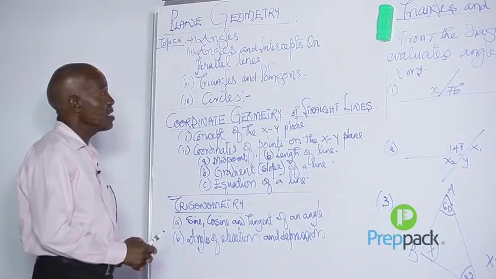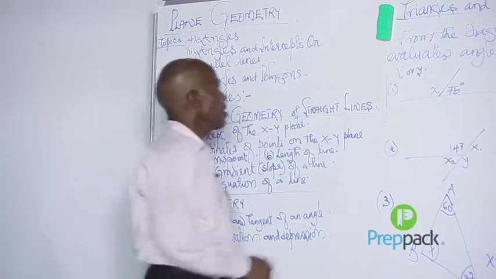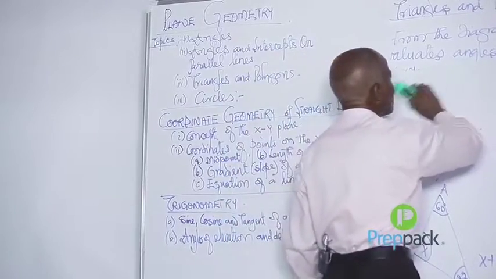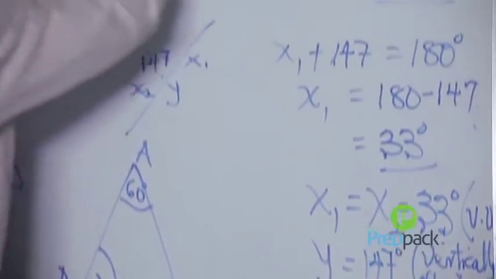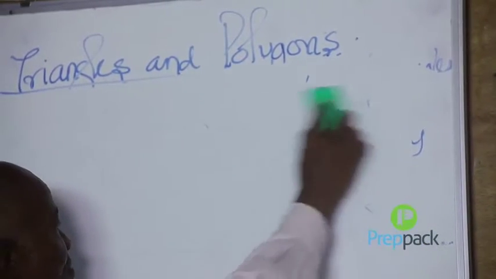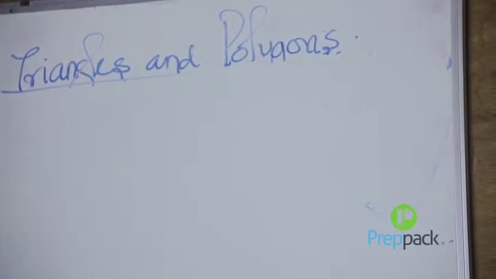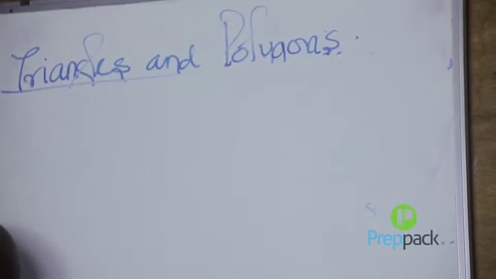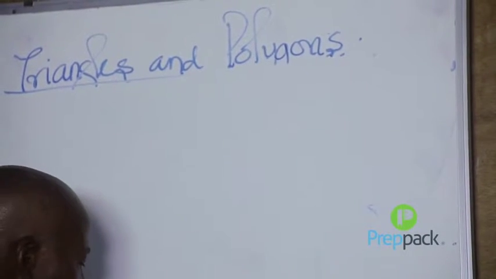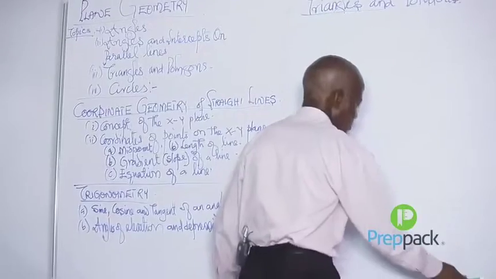From there, let's look into polygon. What exactly do we mean by polygon? By polygon, we mean a plane figure with many sides. We have triangle.